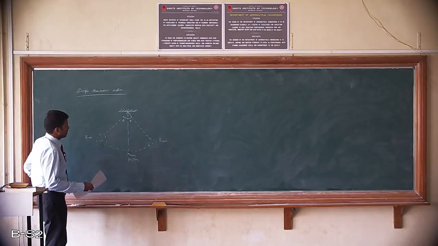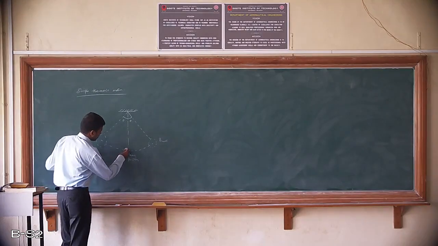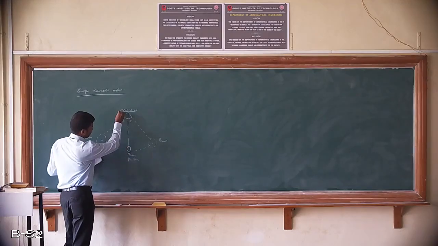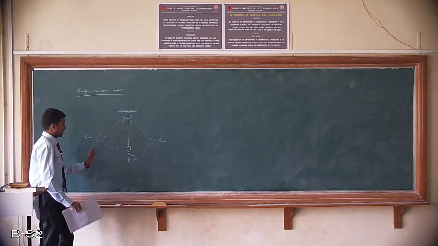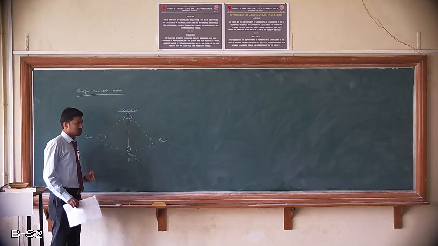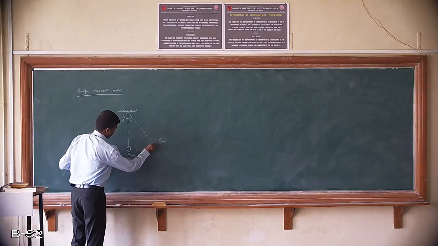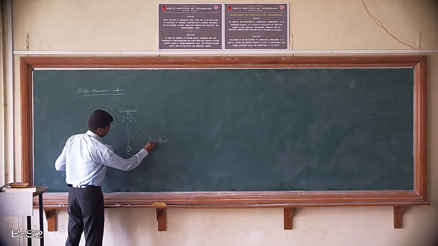Say for example, if I consider the simple pendulum, in its rest condition the ball will be here, fixed here. If I give an excitation or a force to this, it will move to this position, then come back to this position, move once again to this position, then come back.